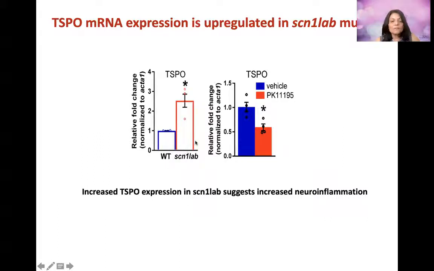And if you treat these zebrafish with PK11195 at the same concentrations that we use in our studies, you can actually bring this back to below the vehicle. So the expression can be controlled by the ligand that we used, which really suggests that this TSPO expression may reflect an increase in neuroinflammation through microglial activation in the Dravet syndrome model.